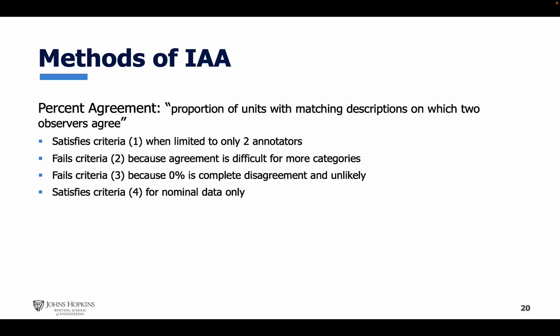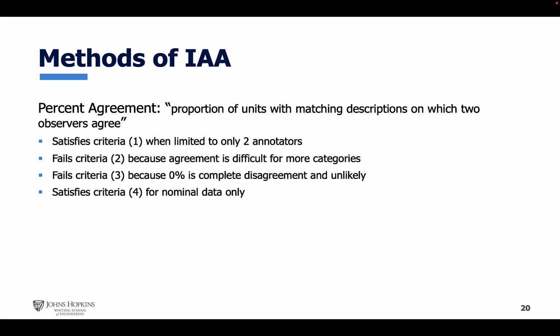It also fails criteria 2, not being confounded by number of categories and scale, because if you add additional categories, how do you treat that? Are they balanced across categories? The number of categories and the number of items within the categories are going to confound percent agreement, so it fails criteria 2. It also fails criteria 3 because 0% agreement is very unlikely.